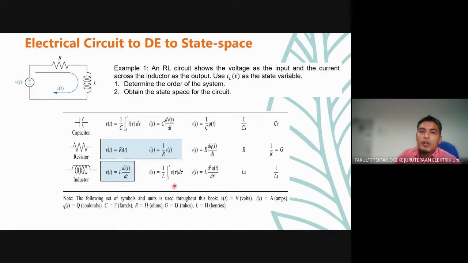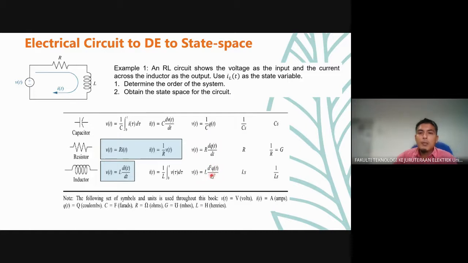For the inductor, you have two options to determine your state variable: v(t) = L di(t)/dt, and also v(t) = L d²q(t)/dt².